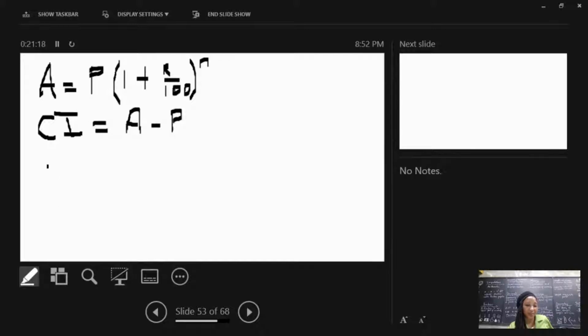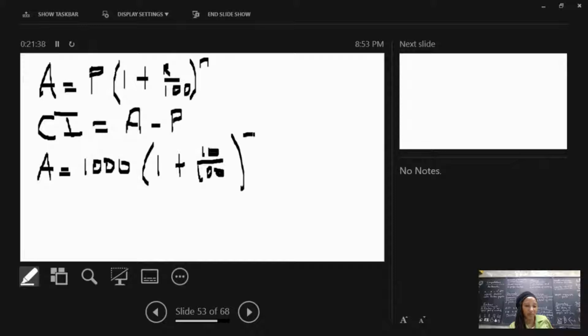So let's use that amount that we just did. So we had said $1,000 was invested. So that's 1,000 was the principal. We invested it at a rate of 10%. So that's 10 over 100 for 3 years. So it's raised to the power of 3.